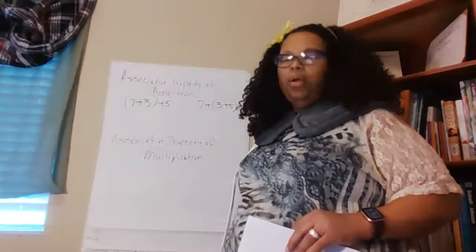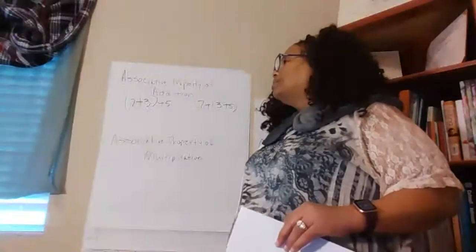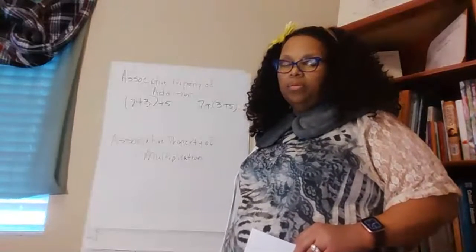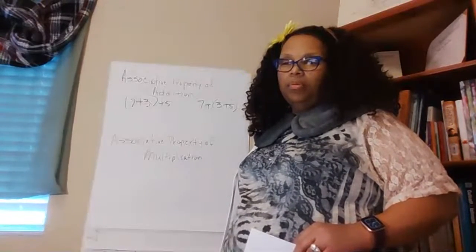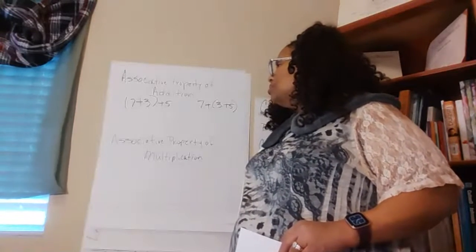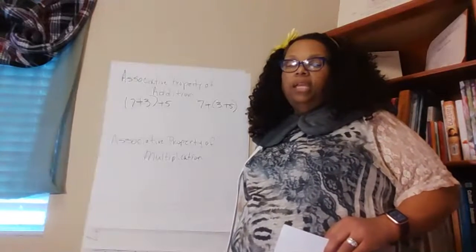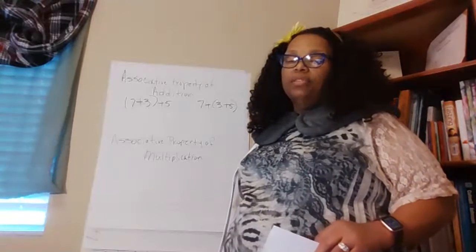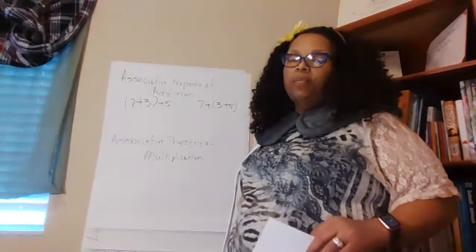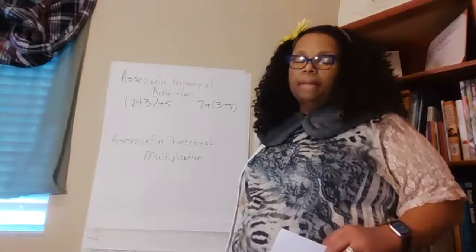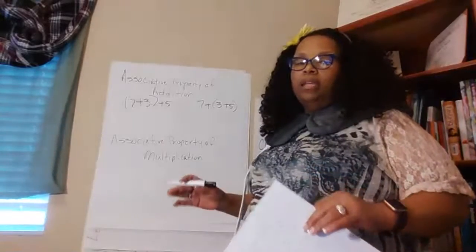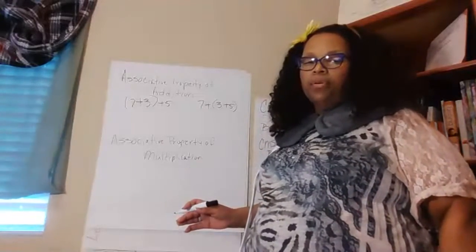Hold on. Okay, so write down 7 plus 3 in parentheses. Then write plus 5. So you're going to write 7 plus 3 plus 5, with 7 plus 3 in parentheses. Now, on the other side of that paper, kind of indent like 5 spaces over.